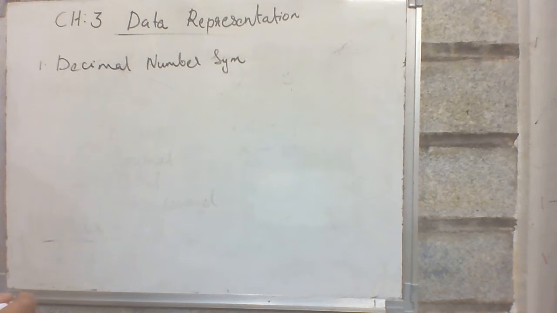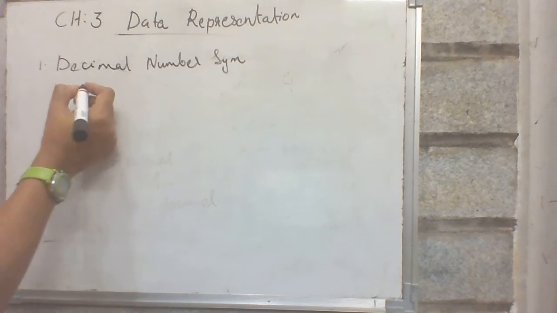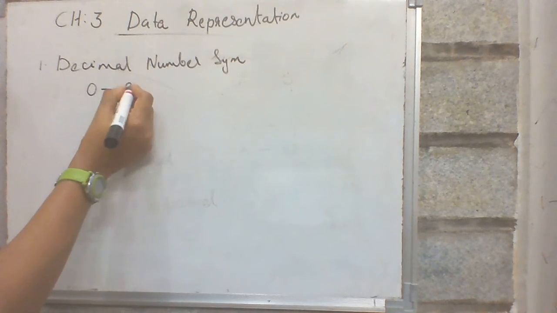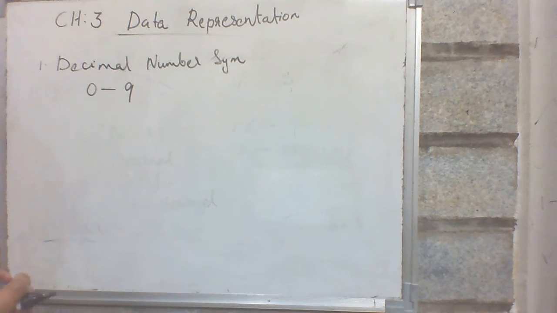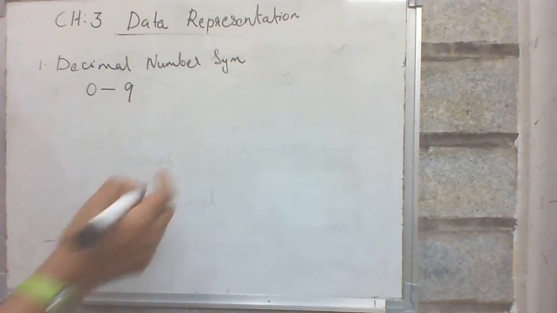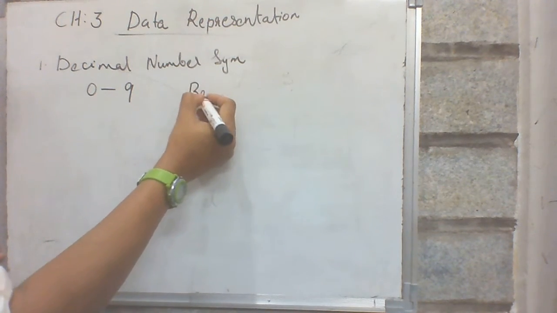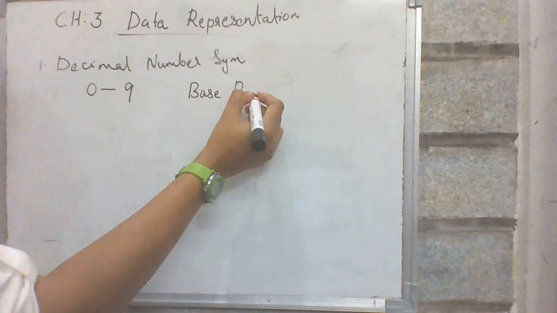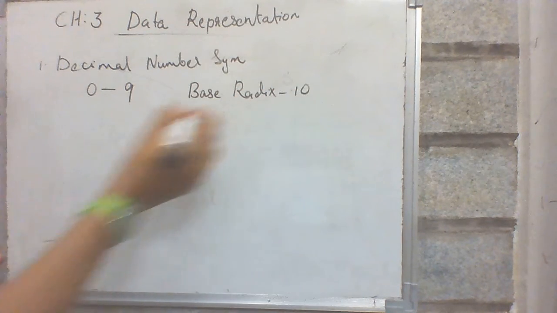The digits used in this number system are 0, 1, 2, 3, up to 9. How many digits are used in this decimal number system? 0 to 9 means 10 digits are used. So, the base radix of the decimal number system is 10.